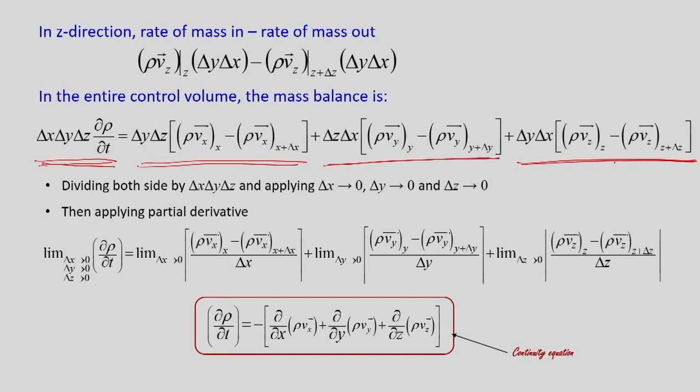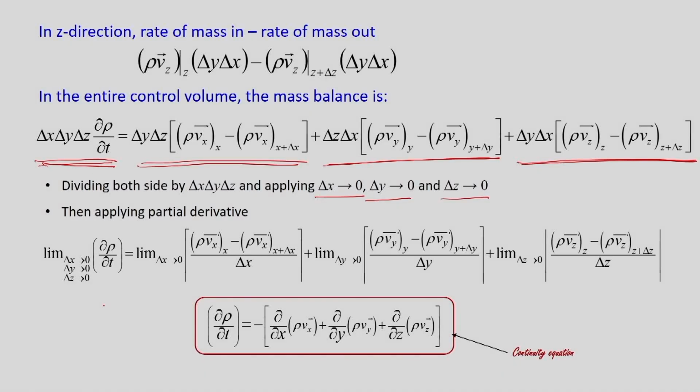Now, what you do is divide this equation on both sides by delta x, delta y, delta z, and apply the limiting conditions delta x tends to 0, delta y tends to 0 and delta z tends to 0, so that you can apply partial derivative principles.